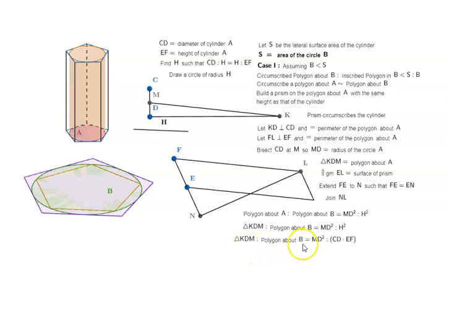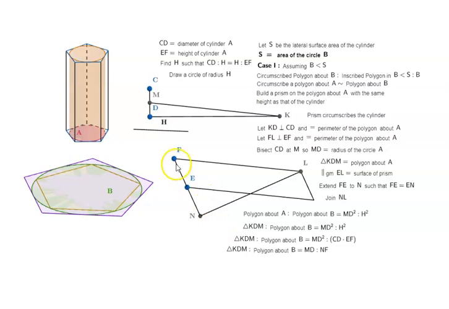Triangle KDM is to polygon about B is equal to MD square is to CD times EF. How did this come? Because H is the mean proportional between CD and EF. So that means H square is equal to CD times EF. Now, triangle KDM is to polygon about B is equal to MD is to NF.